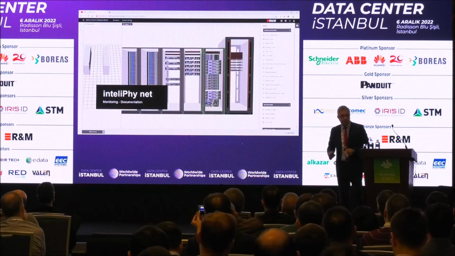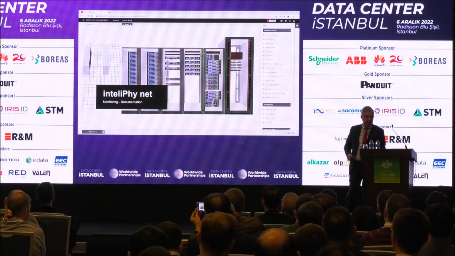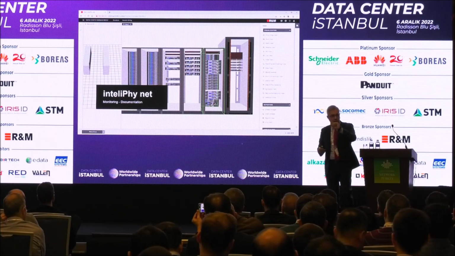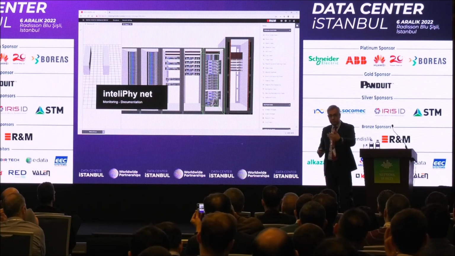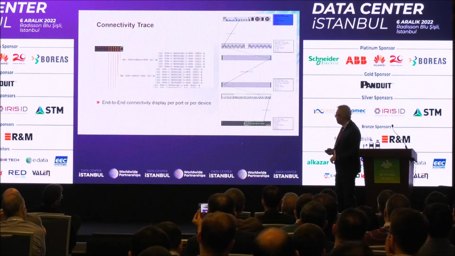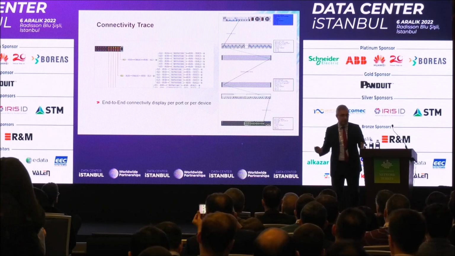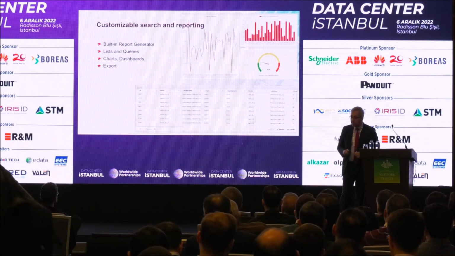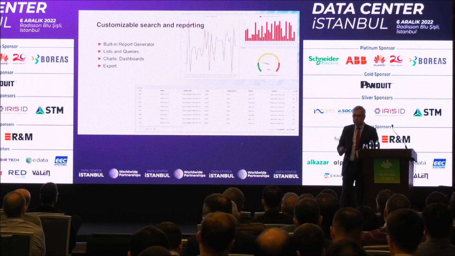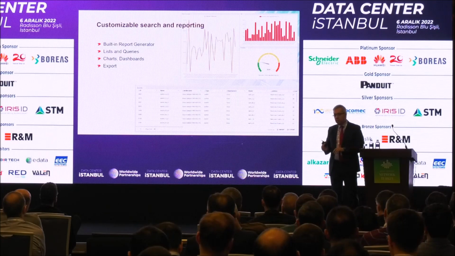What we do is use our software, which you can try. If you go to rdm.com and then /InteliPhy, you have your trial copy. In this software, you can have complete connectivity trace, customizable search and reporting. You can search for anything.